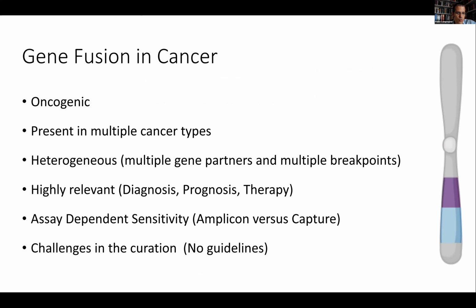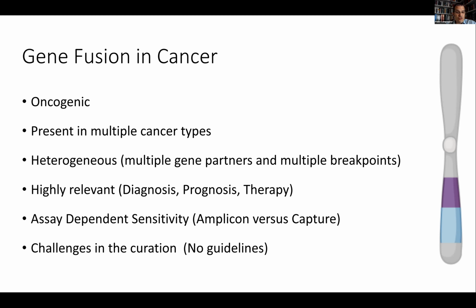The most important ones, I would say, would be the hematological malignancies, both lymphoid and myeloid malignancies. This is also very important in sarcomas, in central nervous system tumors, and also in several types of typical solid tumors such as lung cancer, prostate cancer, and etc.